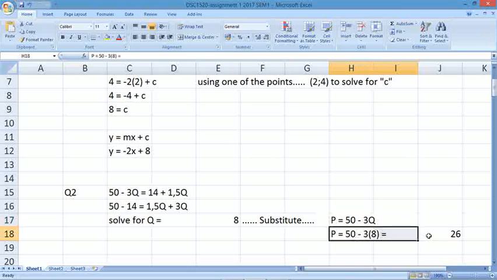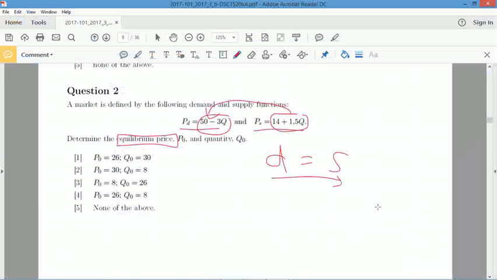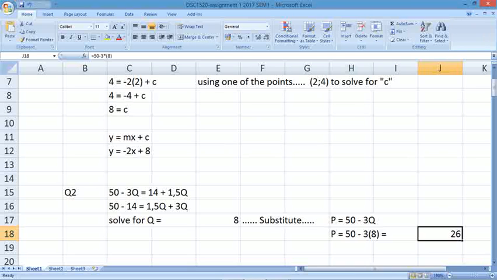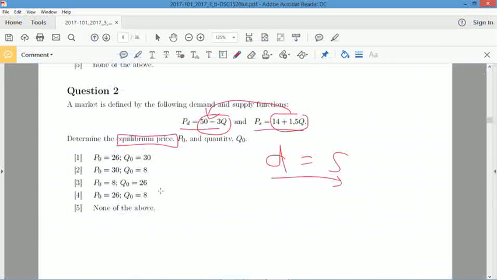I've substituted 8 in, and I get 26 as p. So q is 8 and p is 26. Let's just go back and see. Q is 8 and p is 26. So it would be that one.